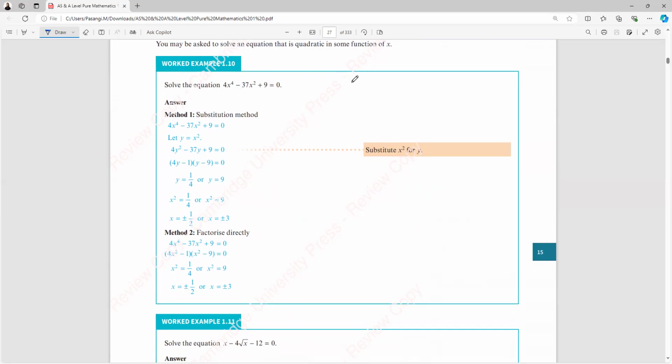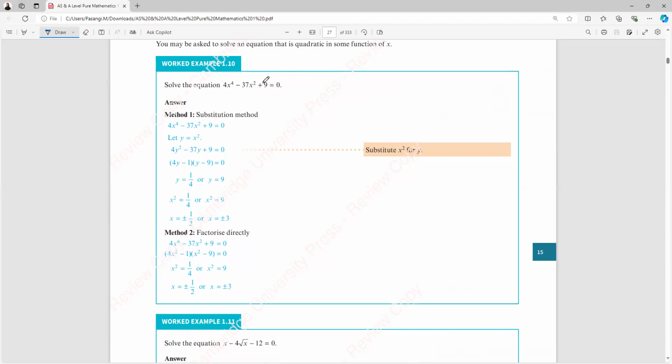For the first one, we can either factorize. Here what we have is x to the power of 4, that means we have 4 answers. There's no proper method to find x to the power of four equations, so what we have is for the quadratic equations.